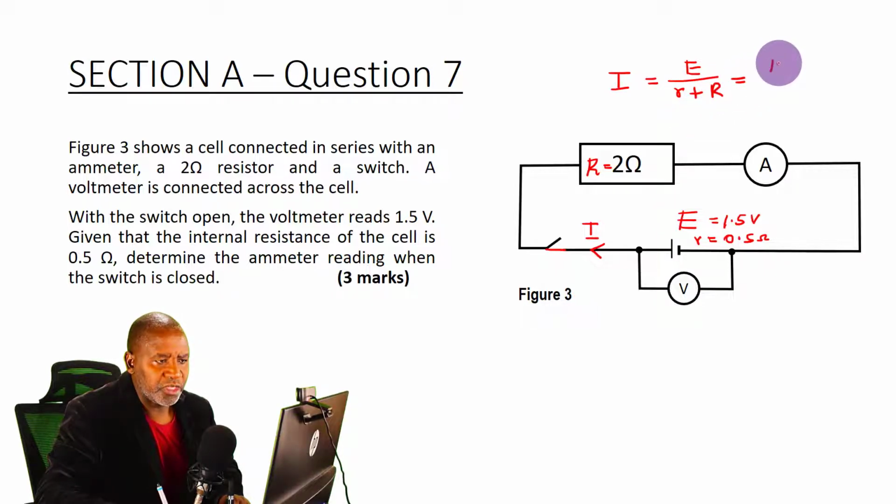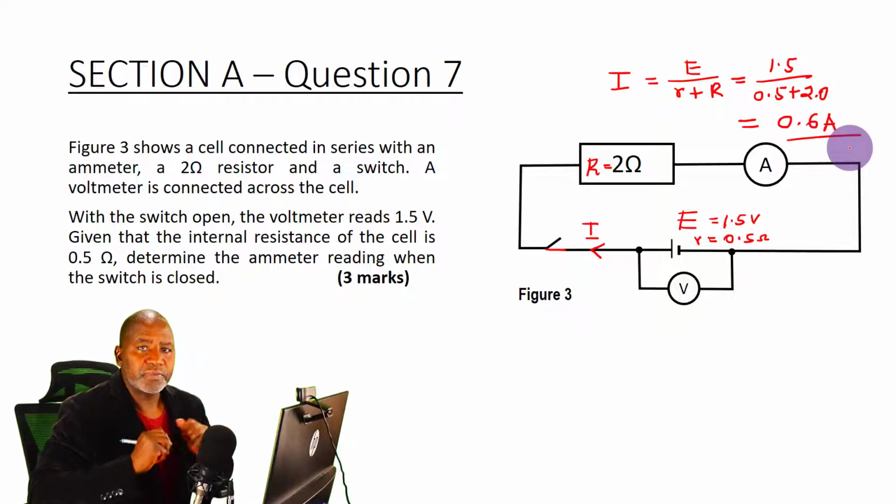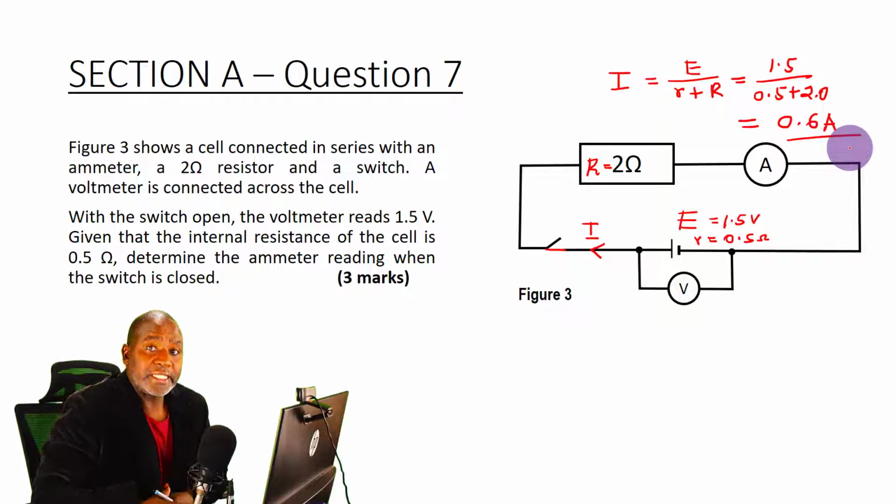This will of course give me 1.5 volts divided by 0.5 plus 2.0. And if you calculate that, it's going to give you 0.6 amperes. It's just as simple as that.